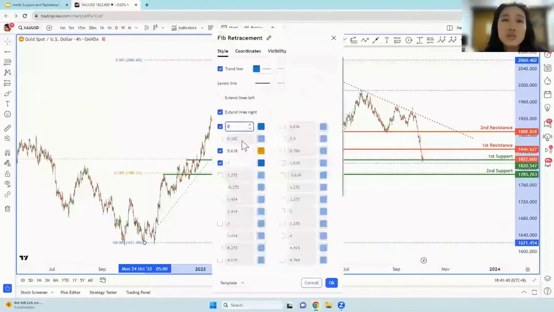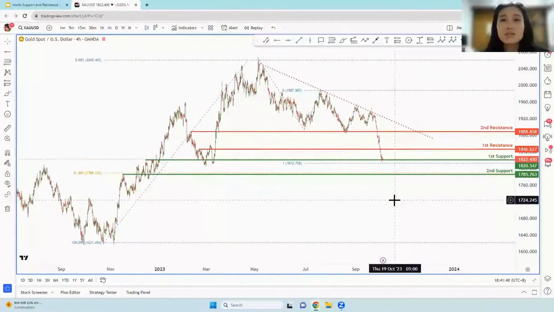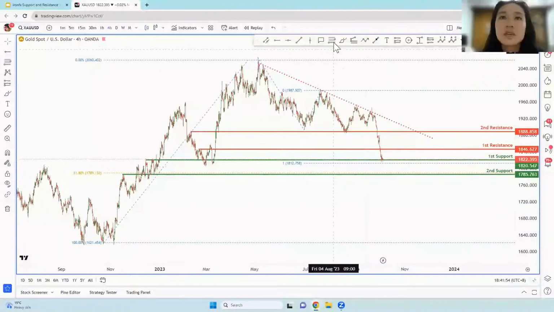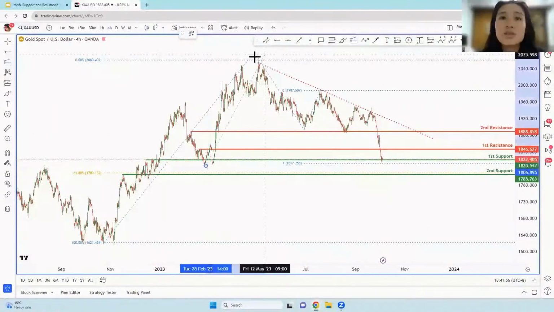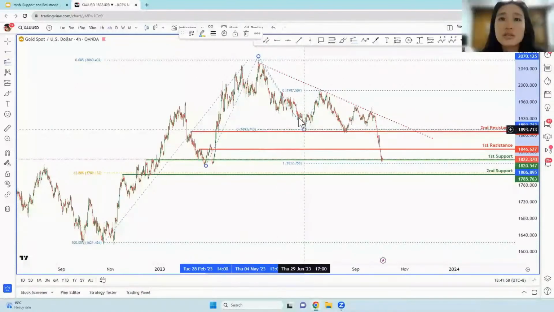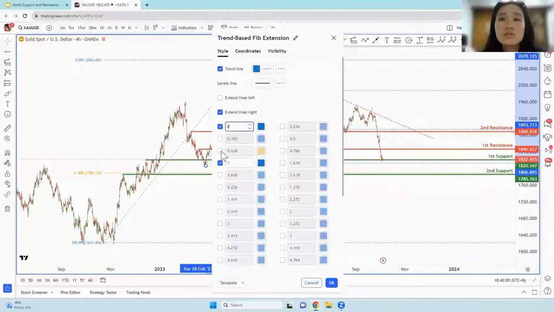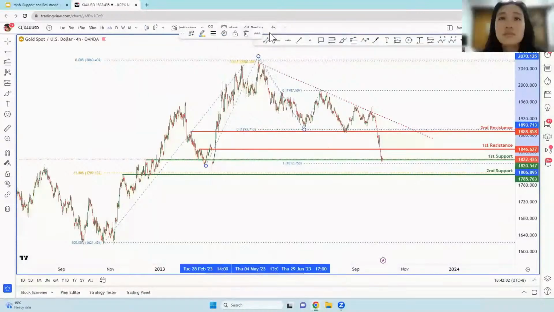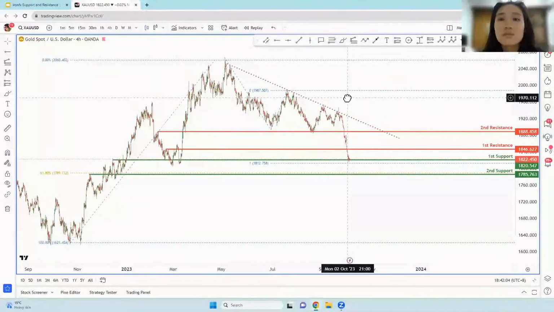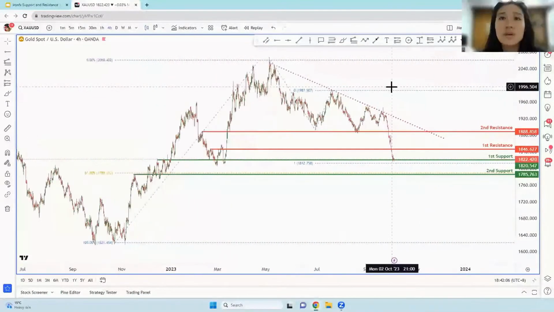So for retracement, we use the 5 levels that I was using earlier, 23.6, 30.2, 50%, 78.6, and 61.8. I think that's all the levels we have for Fibonacci.